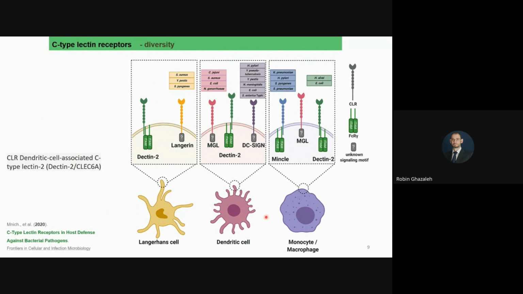So here are some examples of different cell types, dendritic cells, monocytes and macrophages, and the Langerhans cell. We talked about Langerhans cells a few lectures back when we were trying to give a simple picture of the different cell types.